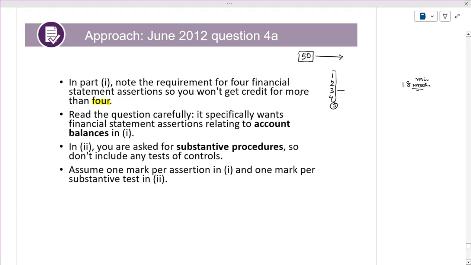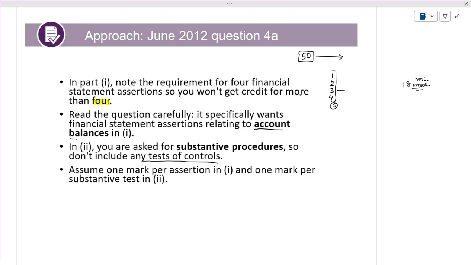Read the question carefully. Financial statements regarding what? Regarding account balances. If you are asked for substantive procedures, don't include any test of controls. They are cautioning us to be very clear, specific and focused.